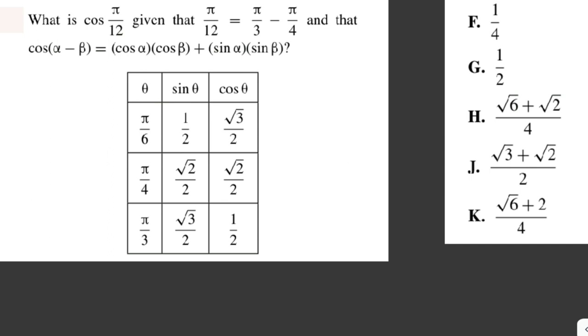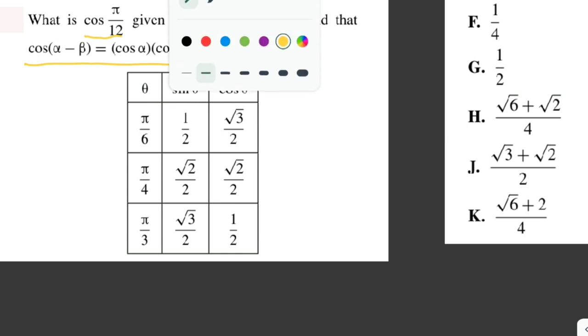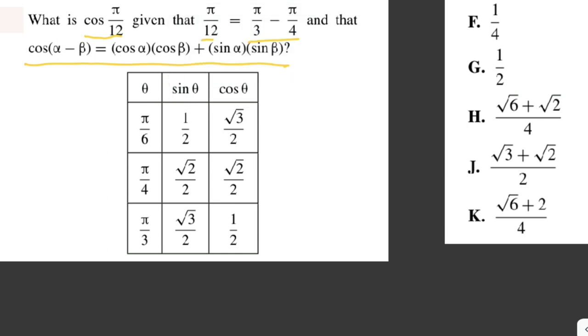Now to solve for cosine of pi over 12, we can use this expression here, since we are given that pi over 12 is just equal to pi over 3 minus pi over 4. So we can write cosine of pi over 12 as just cosine of pi over 3 minus pi over 4.